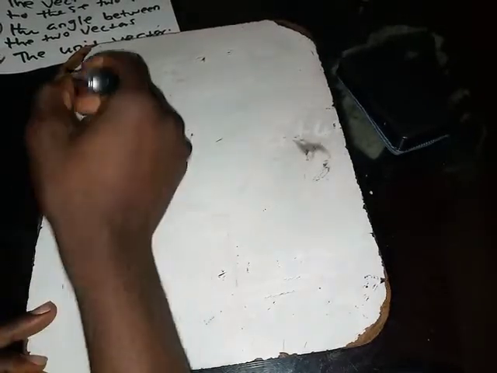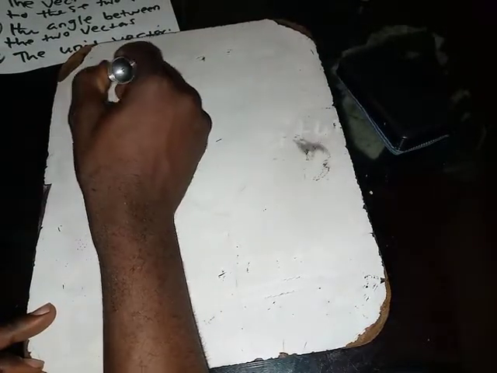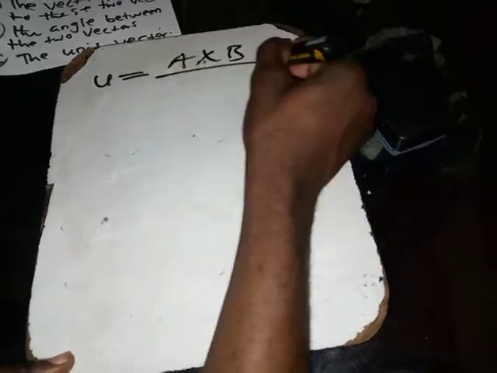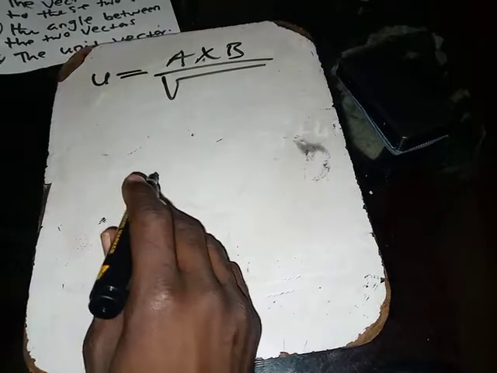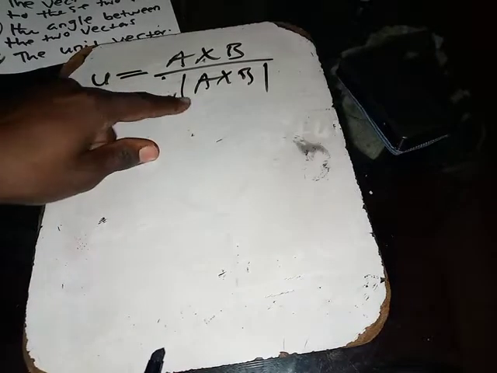So what do we have here? The question is saying find the unit vector of that perpendicular when you finish the question. So the unit vector will be the vector A times B over the magnitude of A times B. When I put in straight bars, I'm talking about the magnitude.